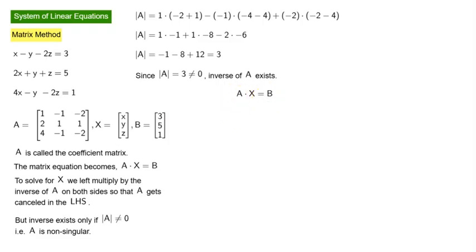So we have A times x equal to B. Left multiply by A inverse on both sides. So here on the left hand side, A inverse times A becomes I sub n, and I sub n times x is equal to x. So we have x equal to A inverse times B. Now how do we figure out A inverse?